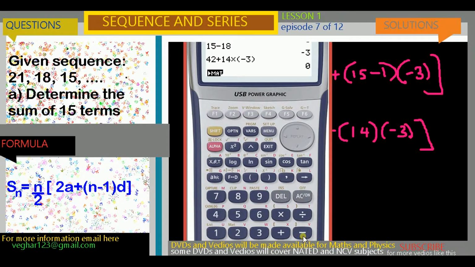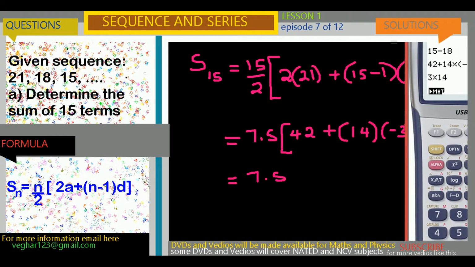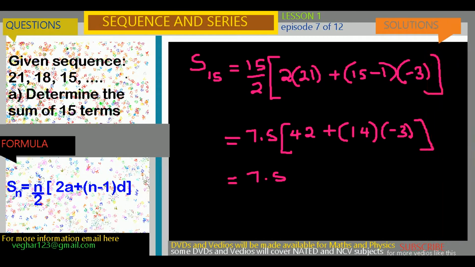The answer is 0. So we have a 0 answer. This is the sum of the 15 terms, it's 0. This is the answer.